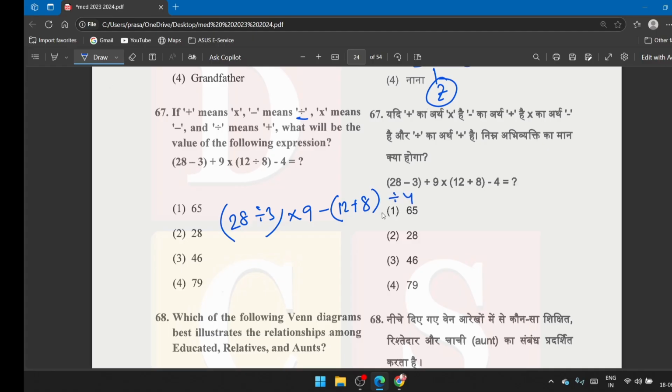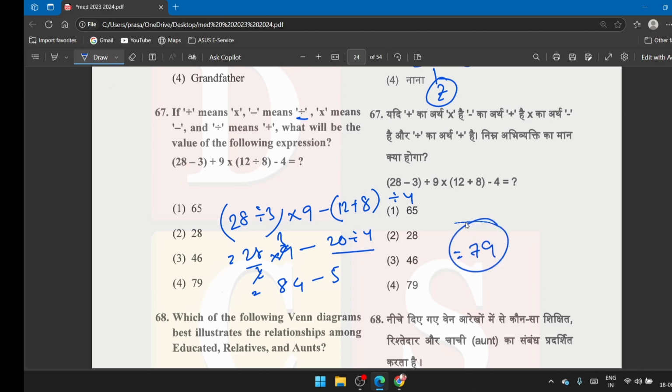That is minus 4. So 28 divided by 3 into 9 minus 20 divided by 4. That works out to 79. Maybe option 4.